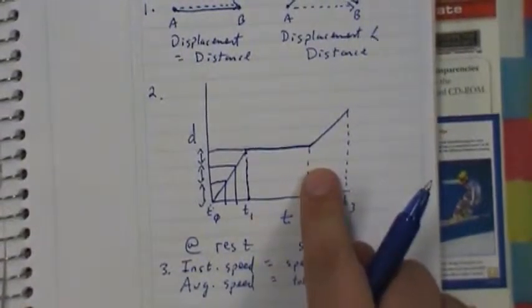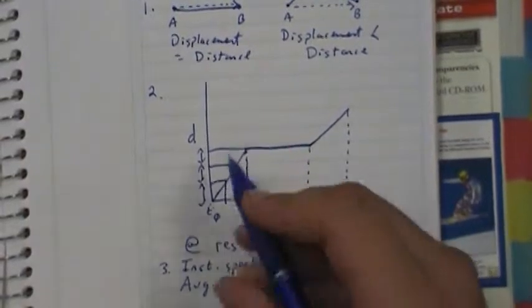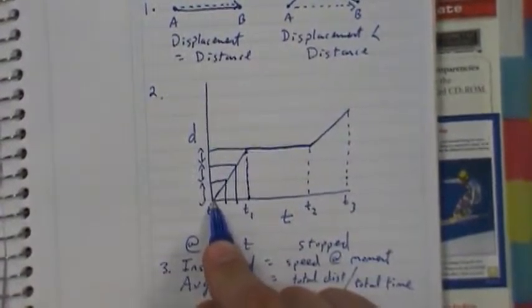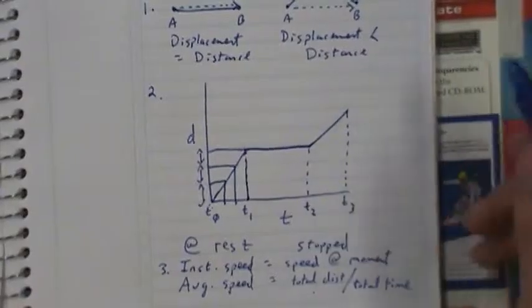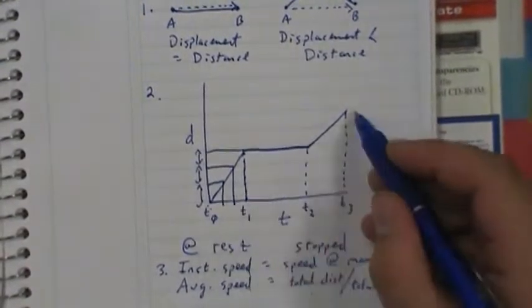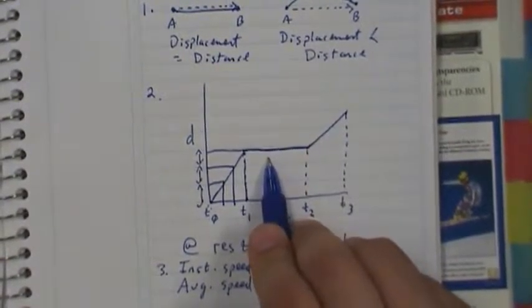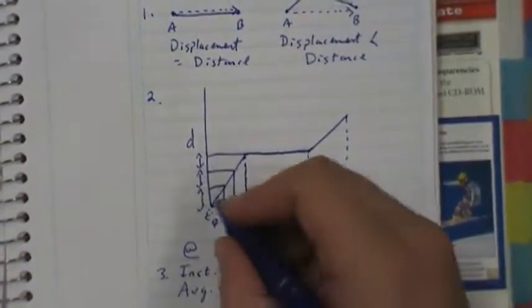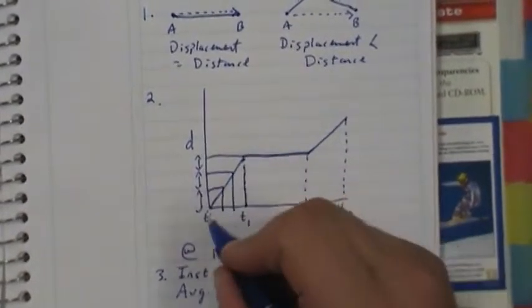If I were to look at this whole trip and say, if I drove starting at time 0 and ending up at time 3, if I made this trip without this stop in between, how fast would I need to travel? That's what we mean when we say average speed.